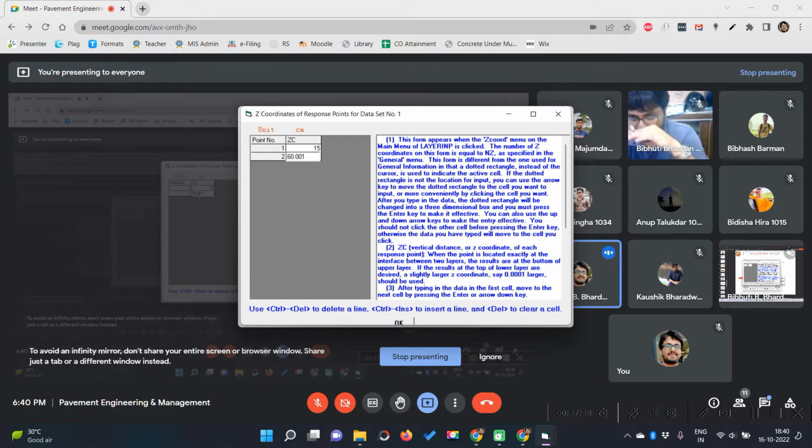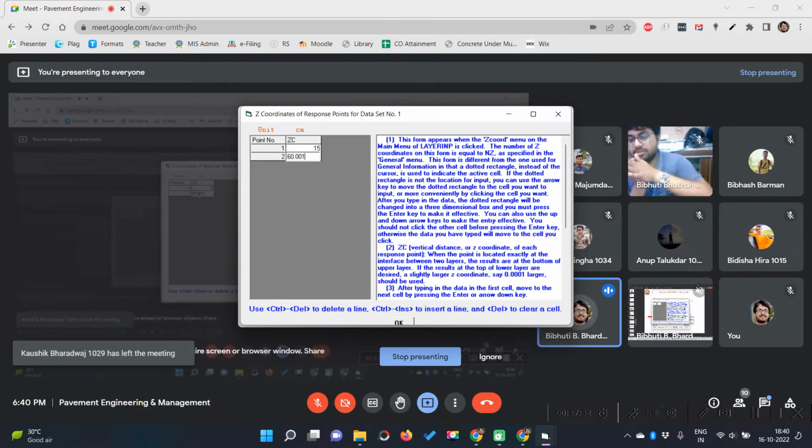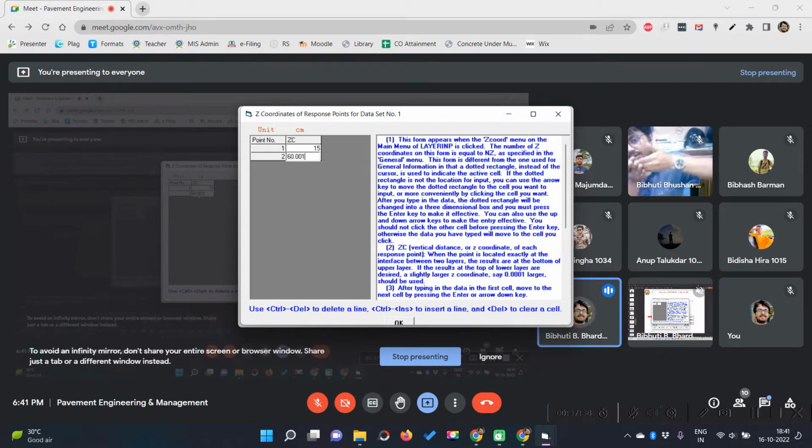If you write exactly 60, it will not be able to differentiate between the layer above it and layer underneath it. It will be just in the middle of these two layers, so you will not get a proper result. Since we need it at the top of the subject, that's why we have intentionally given some extra value.